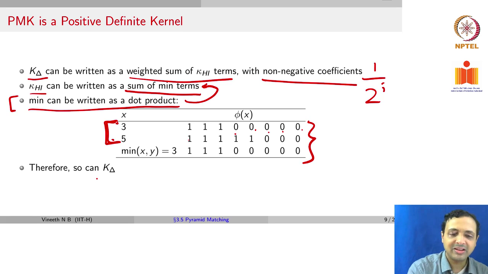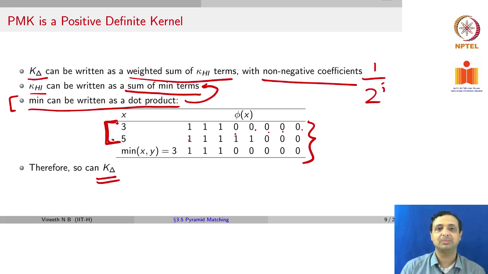Then what would be the representation of the elements on which k delta is a positive kernel? What would be that embedding? For min, the embedding was writing each number out in an enumerative way. What would be the corresponding embedding on which k delta becomes a positive definite kernel?